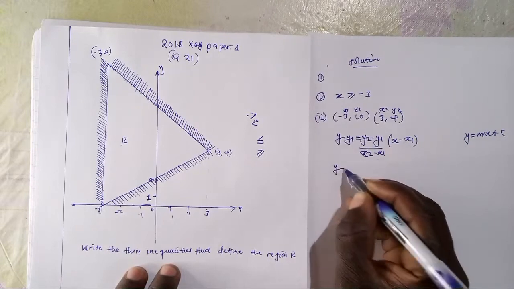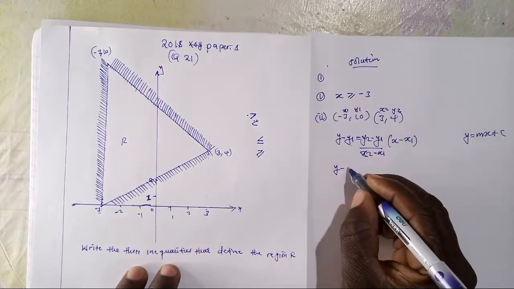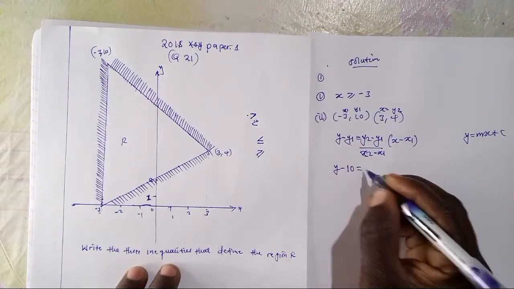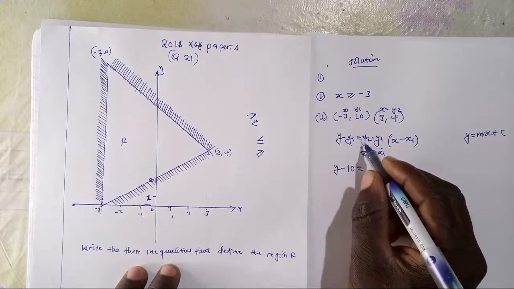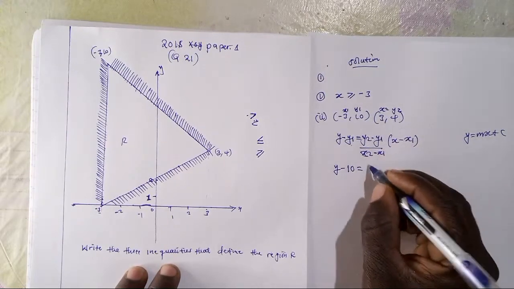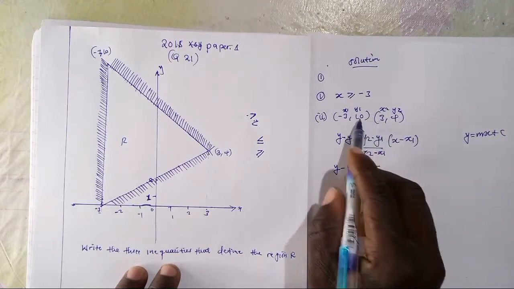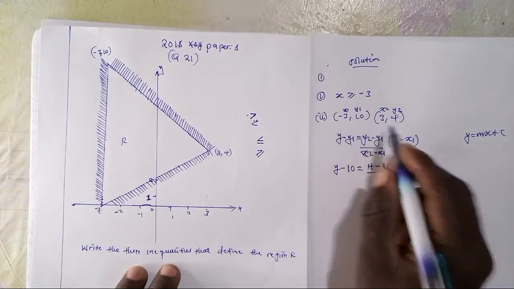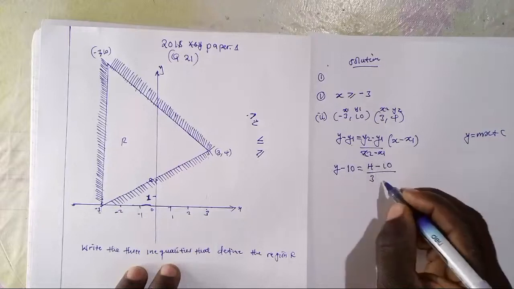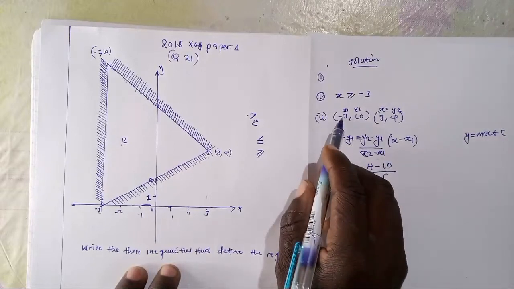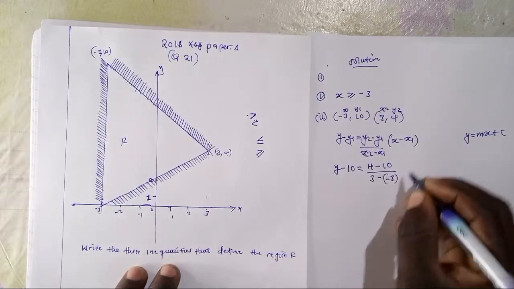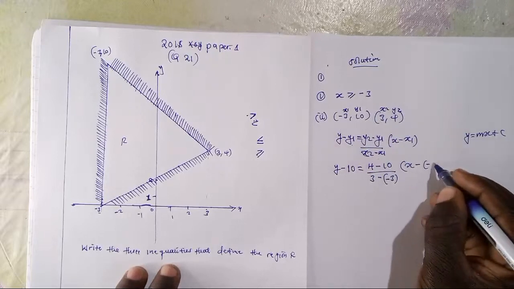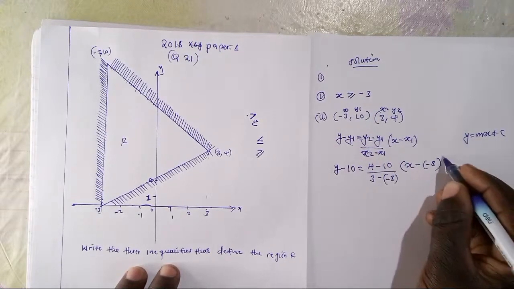We have y minus y1, where y1 is 10, equals y2, we have 4, minus y1, we have 10, over x2, we have 3, minus x1, we have minus 3, right? Then open bracket x minus x1, we have minus 3 in the bracket.